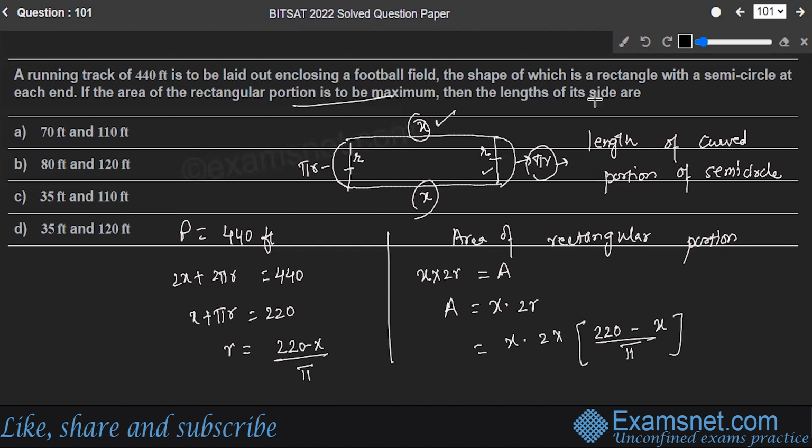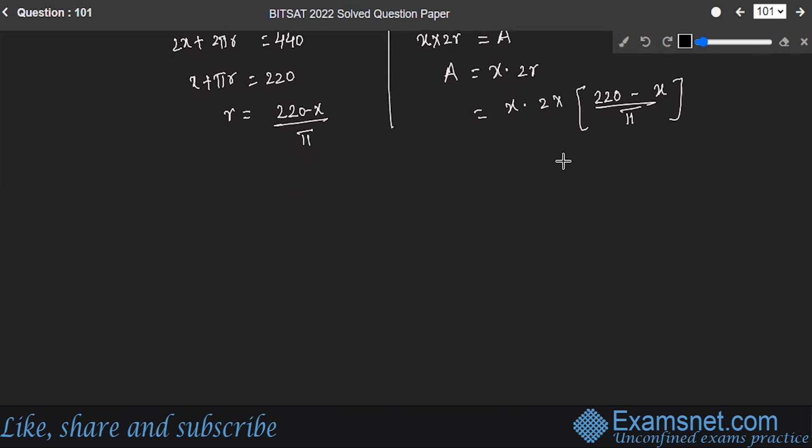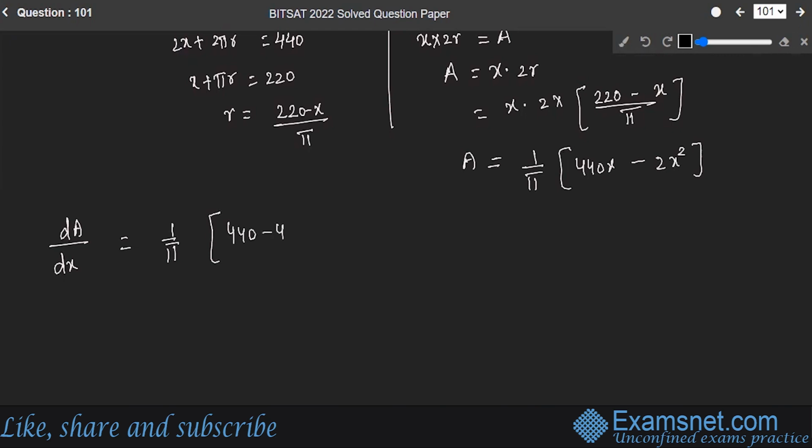Or the area is equal to 1 upon pi (440x minus 2x square). Now for the area to be maximum, let's differentiate A with respect to x. You will have 1 upon pi, and here will be 440 minus 4x. For maximum and minimum, this will be equal to 0. So you have 4x is equal to 440, or x is equal to 110.